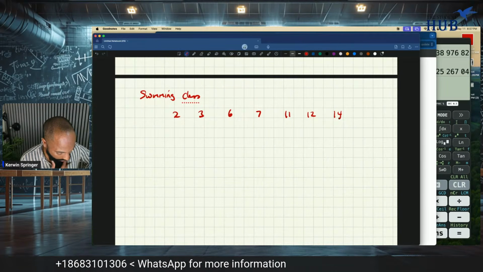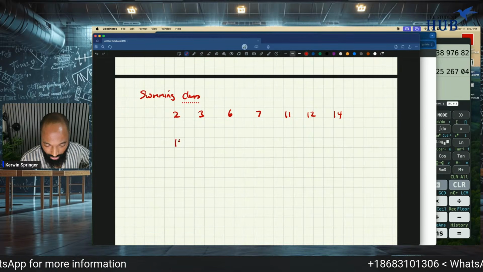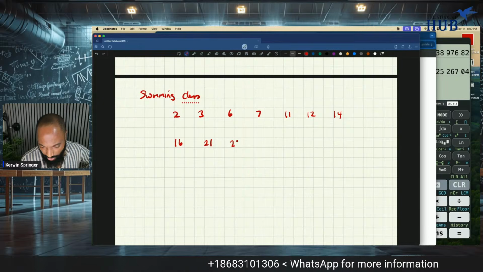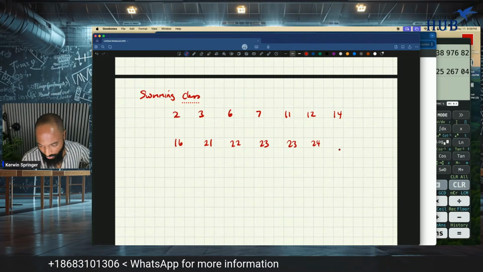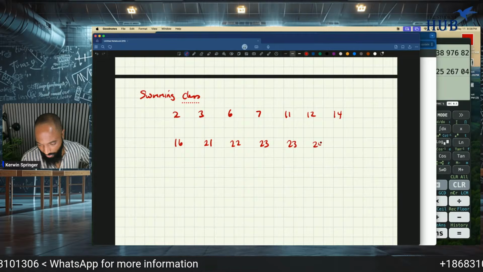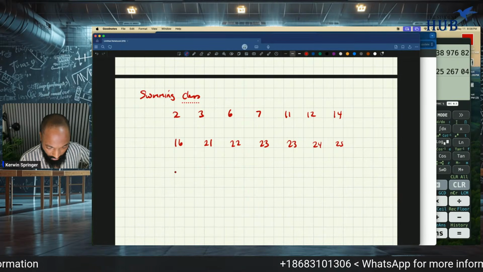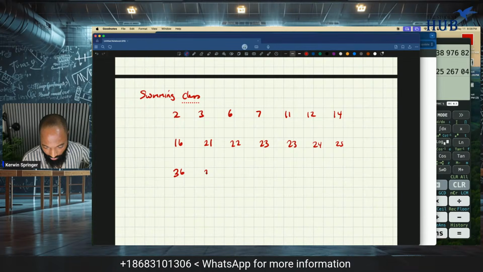5, 10, 15, 20. Yeah, let's go in the 10s. There's a 16-year-old. Then there was a bunch of people in the 20s: 21, 22, 23, 23, 24, 24, a 25-year-old. A 36-year-old.